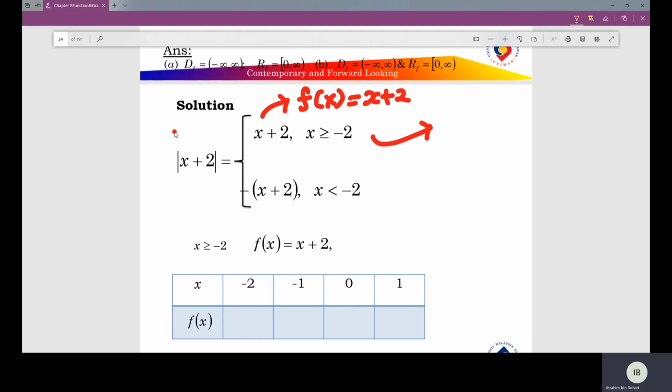So you let x plus 2 be greater than or equal to 0, and the domain is x greater than or equal to negative 2.